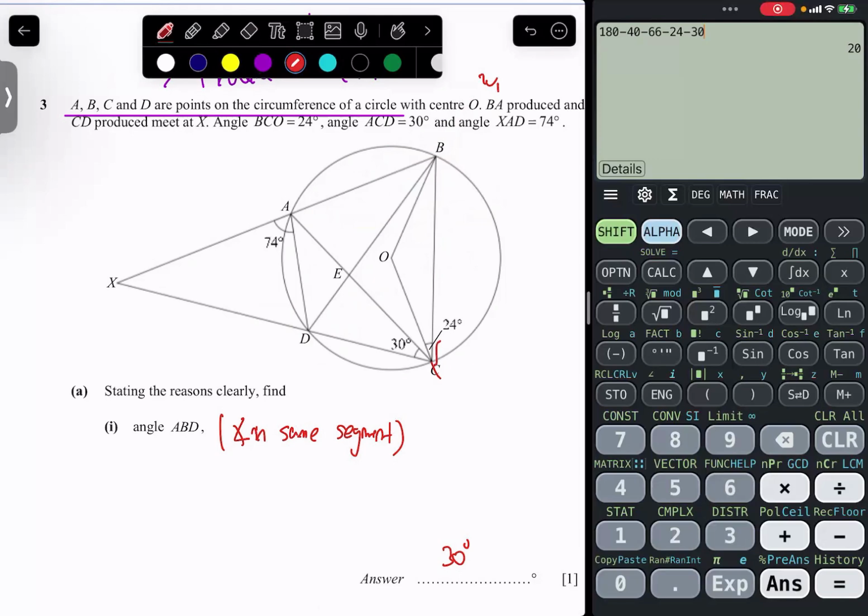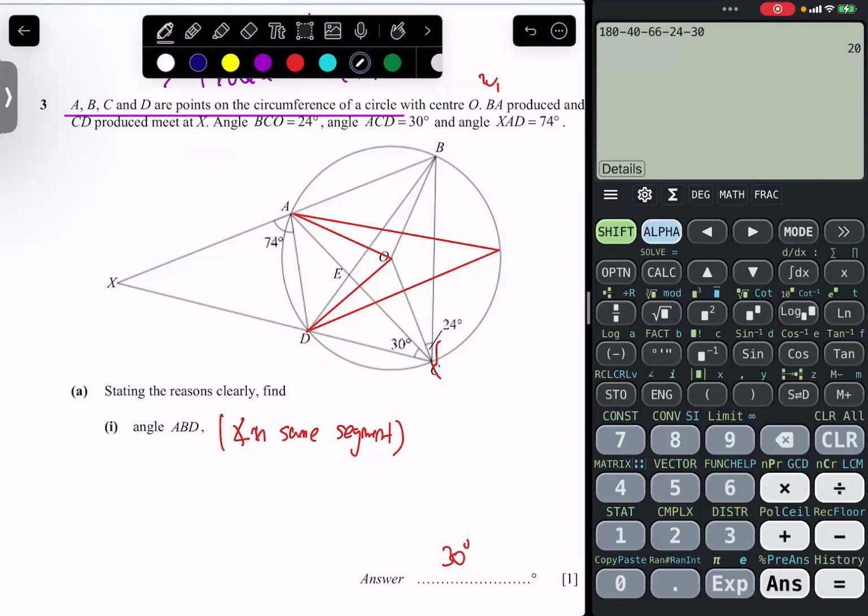Now, we just have to discuss when W lies on the circle. What happens? Firstly, what is angle AOD? If AWD lies on the circle, then it will be half the angle of AOD, right? So then the question is, what is angle AOD?